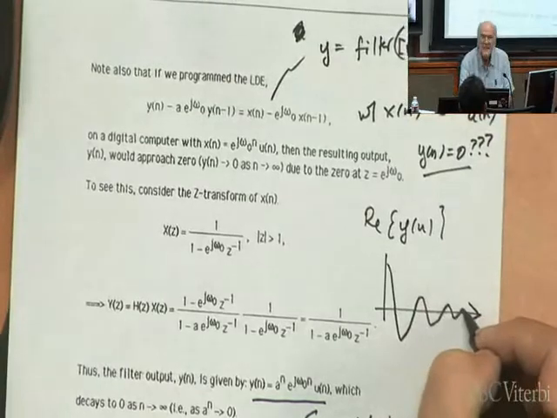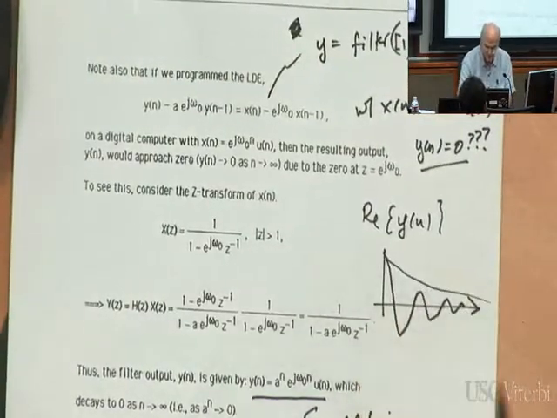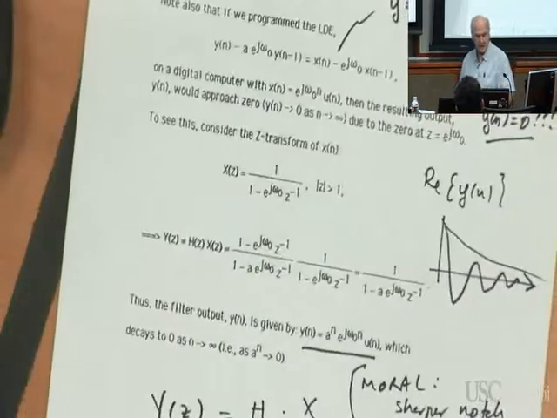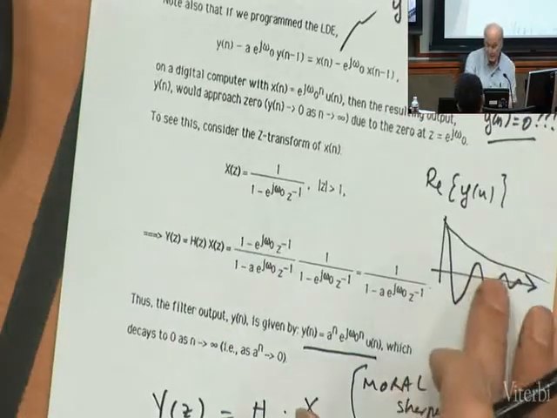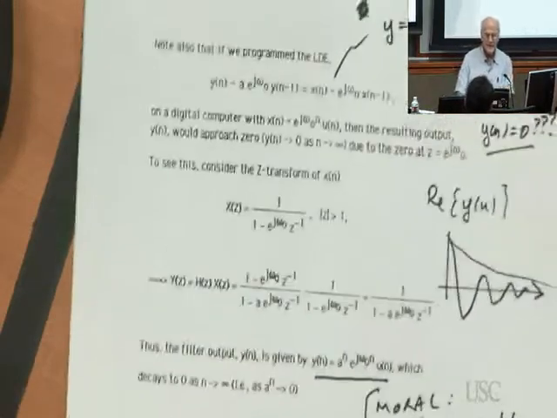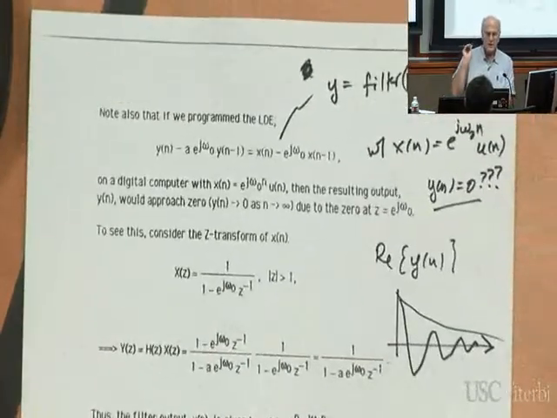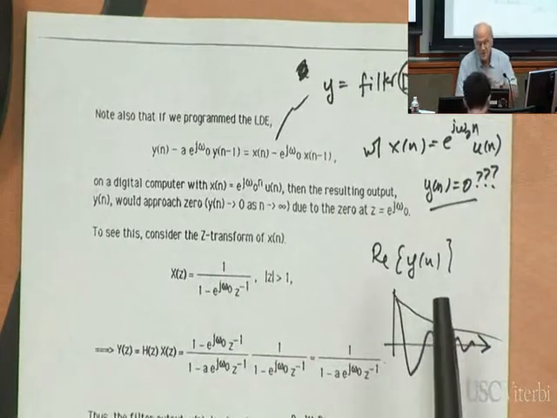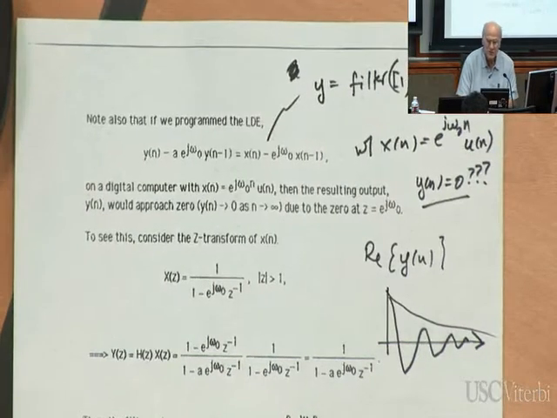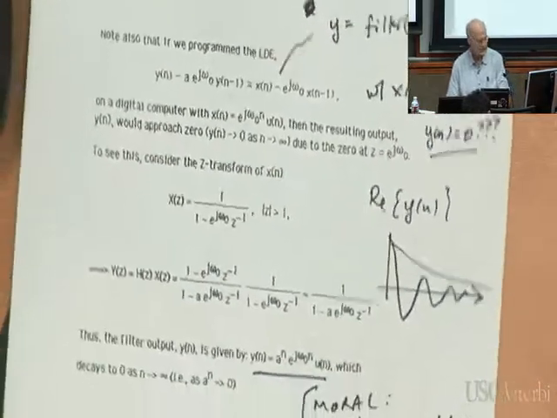It would decay, but the decay would be exponential. But yes, you're right, and that's actually what you would see. But in any event, that is an important moral in terms of frequency versus time. Sharper in frequency, not as sharp in time, and vice versa.